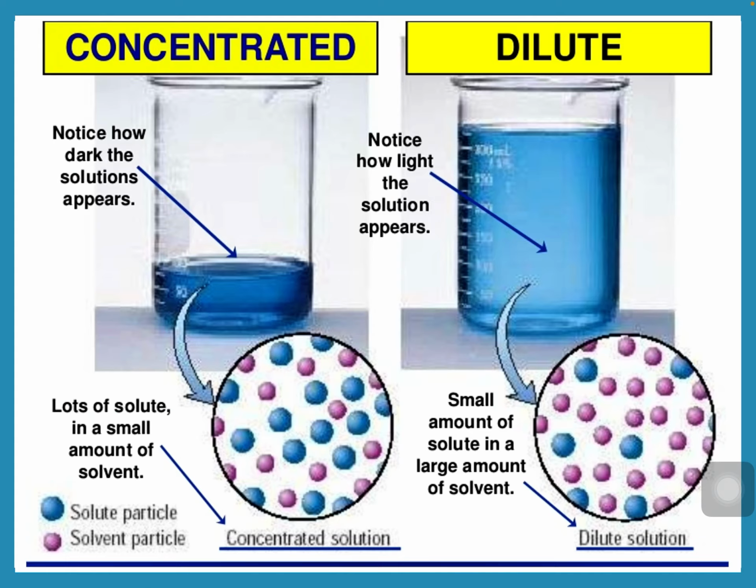The difference between that and concentrated and dilute is that a concentrated solution just has a lot of that solute, or the acid or base, in a given volume, and a dilute solution would have very little.